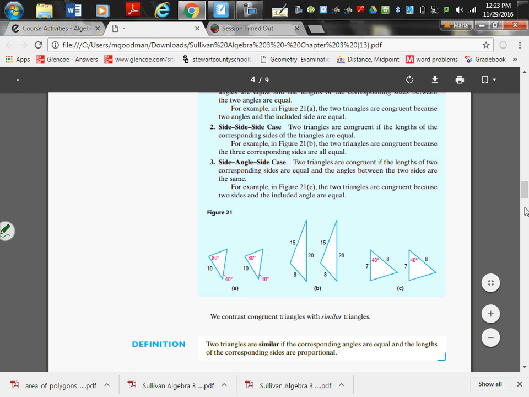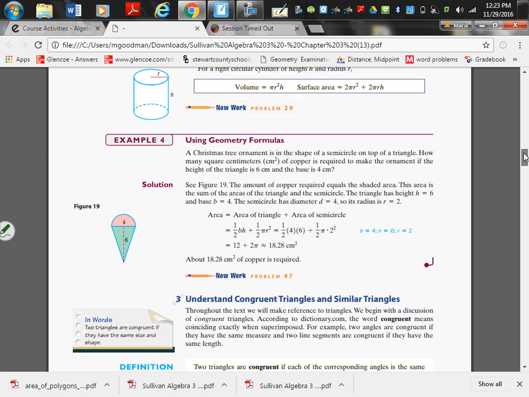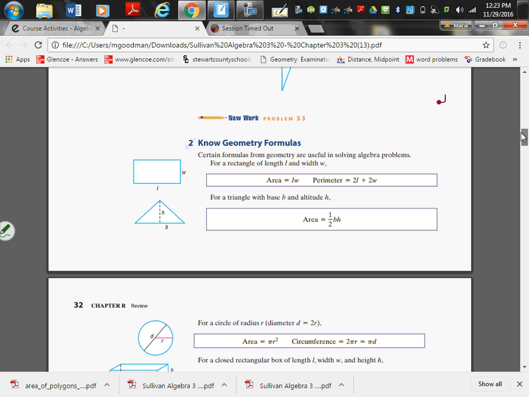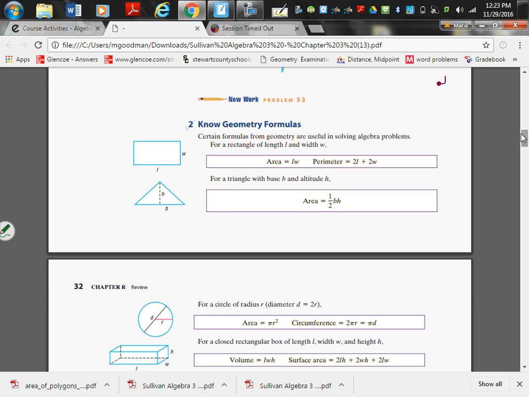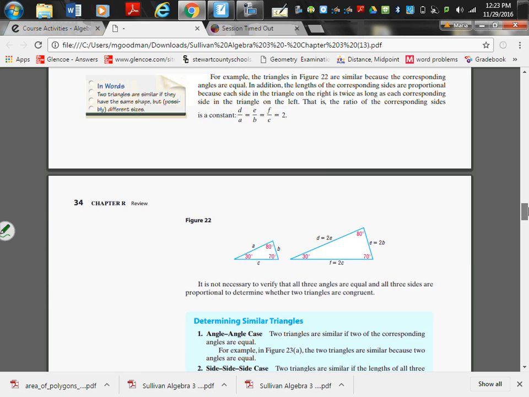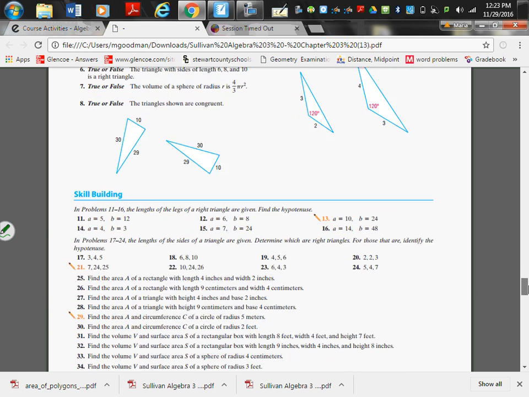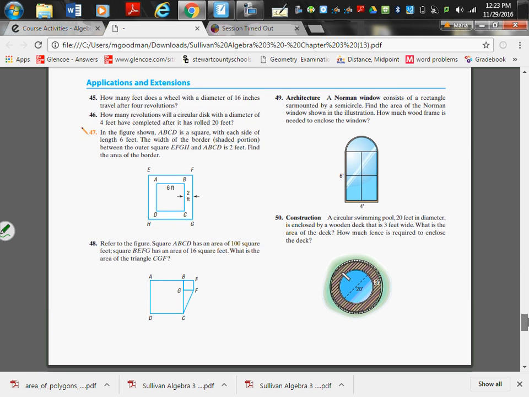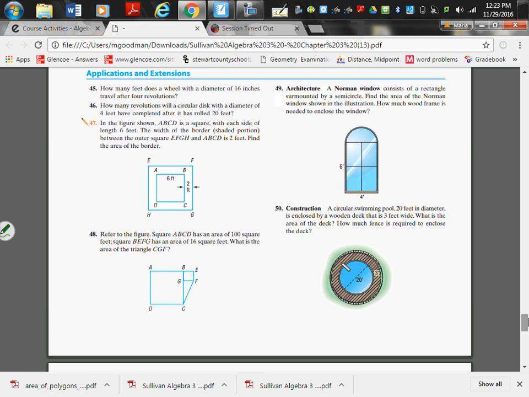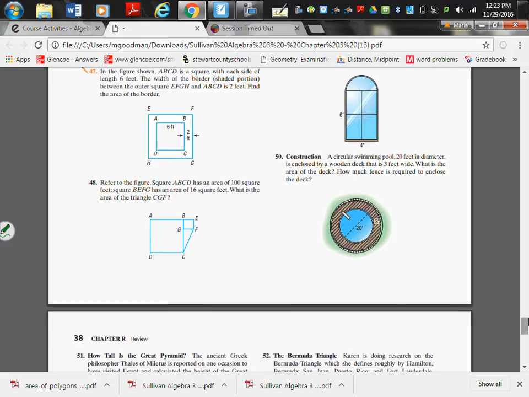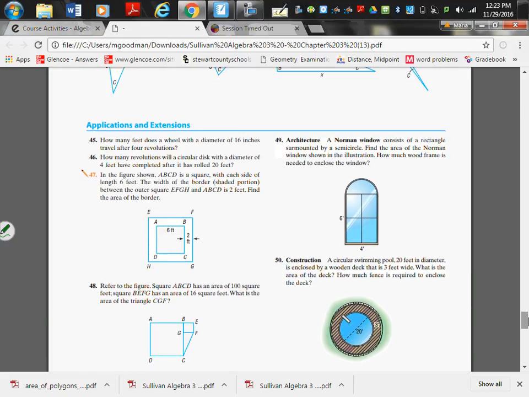Your reference page starts right here on page 31 and 32. It's where all your formulas are. So your questions are 45 through 50. And what page is it? Page 37.